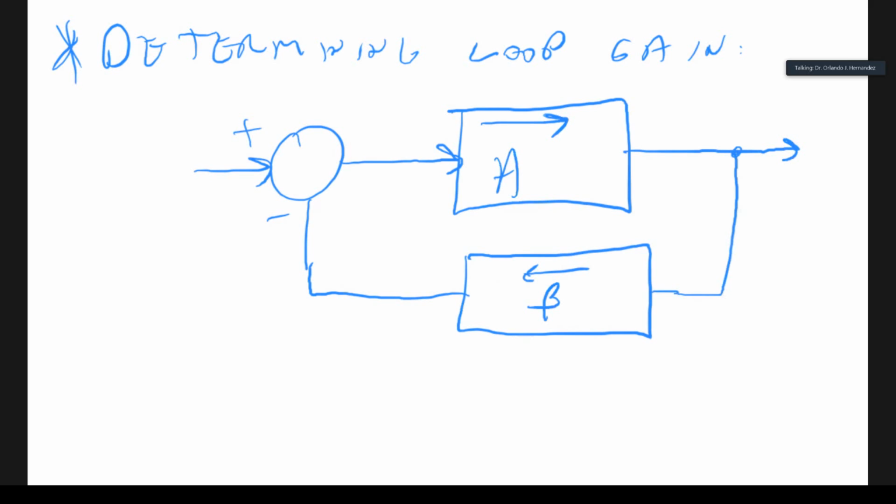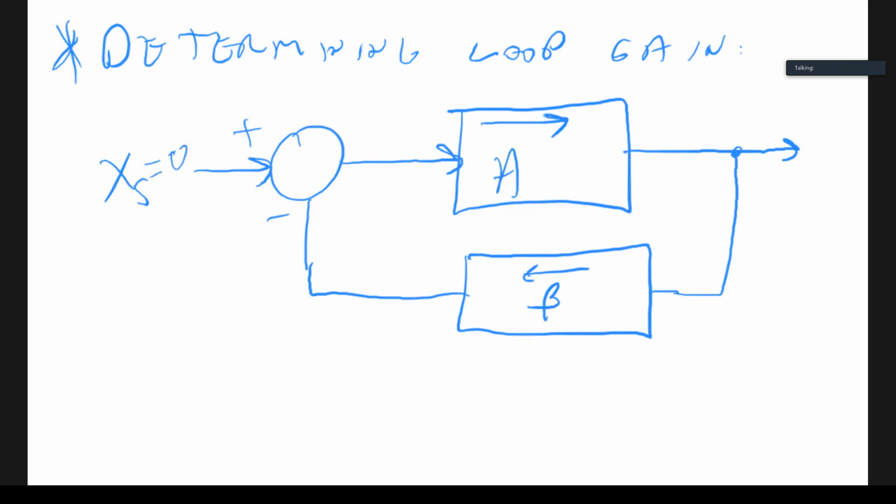So this was our system, and we want to figure out, if you can visualize your system as such and identify the output, the input, then you can figure out the loop gain of the system. The first thing is that we're going to set the input to 0.